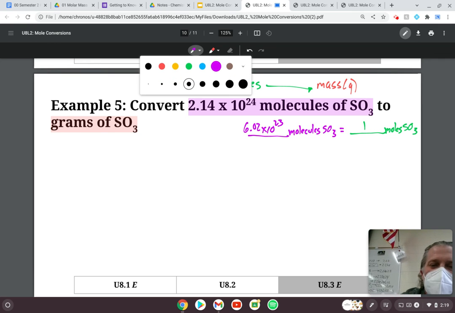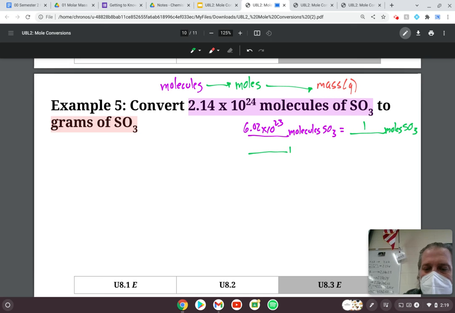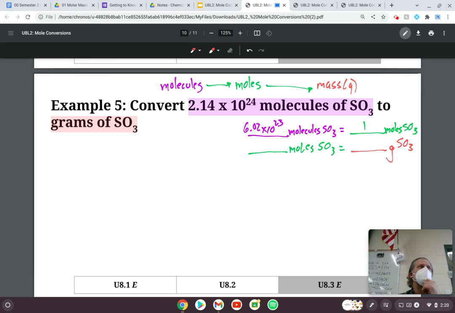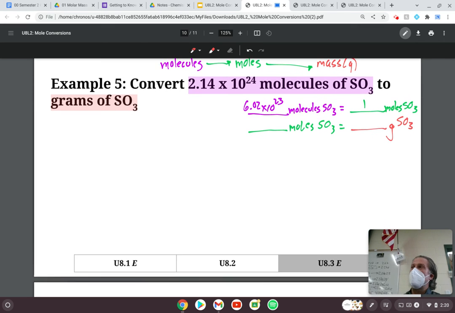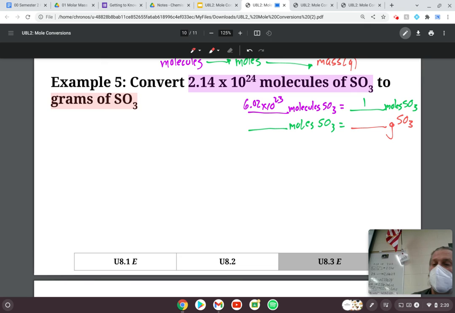The other thing that we need to look for is the relationship between moles of SO3 and mass or grams of SO3. And the only place to get grams of SO3 is from the periodic table, which means we have to calculate the molar mass.